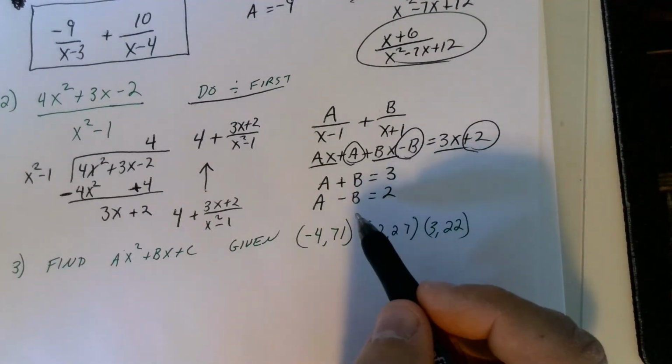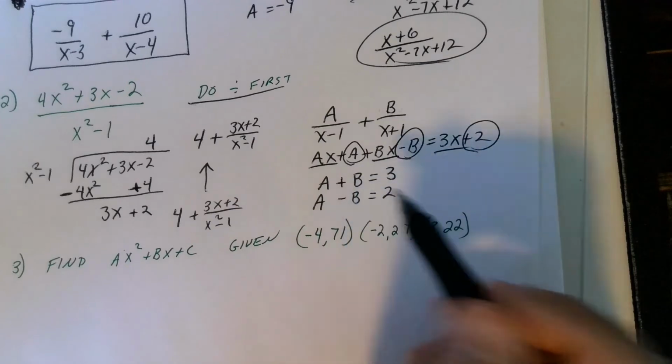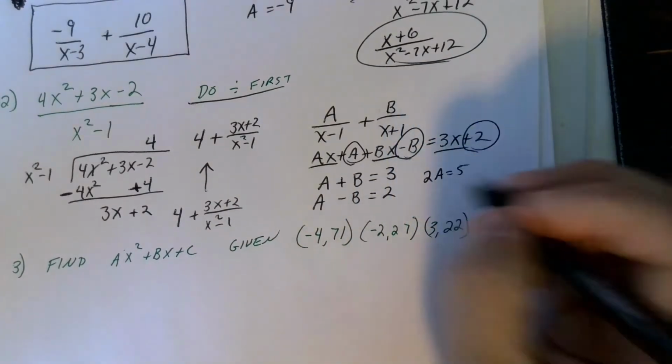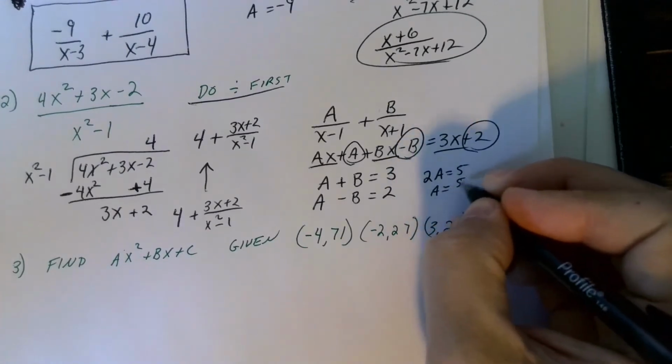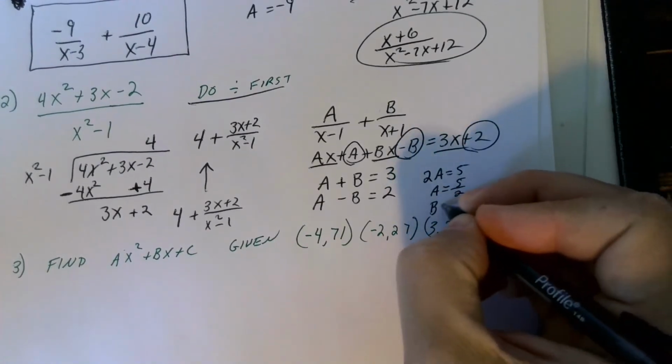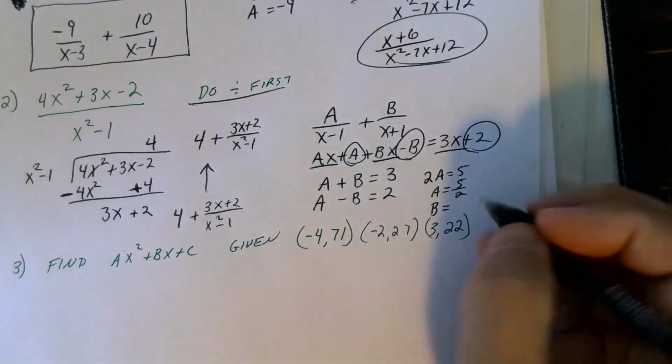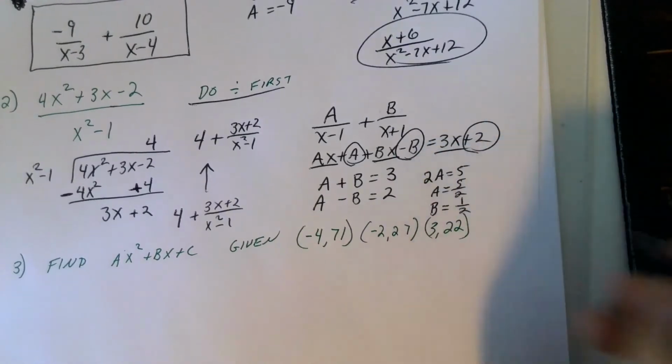I'm going to do the elimination method because the b's are already opposite, so I really get 2a equals 5. So a equals 5 halves, and if a is 5 halves, then b has to make 3, or 6 halves, so b equals 1 half.